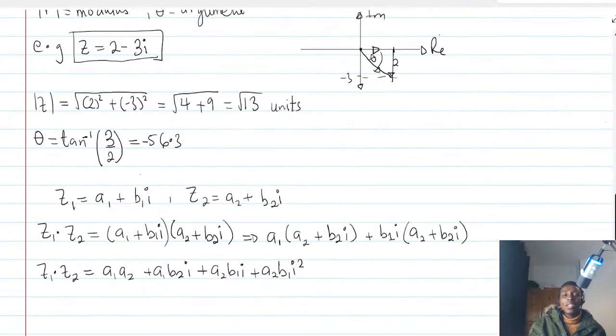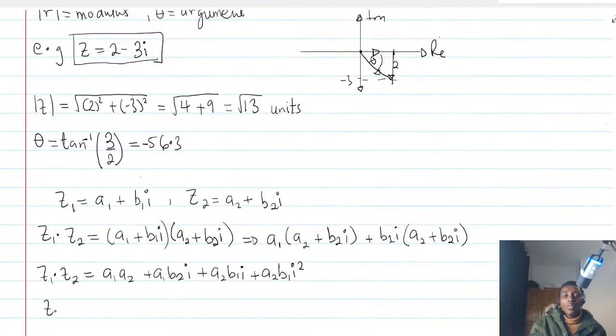Now, you realize that we have a minus because i is the square root of minus 1. This means that i squared will be minus 1.